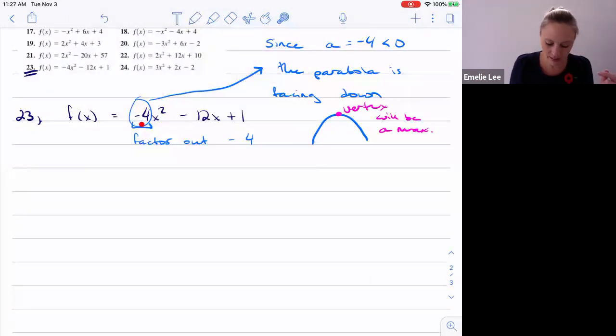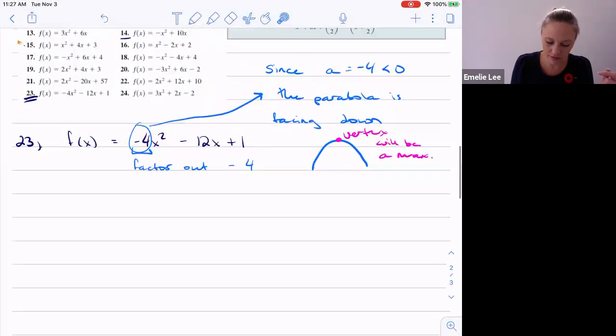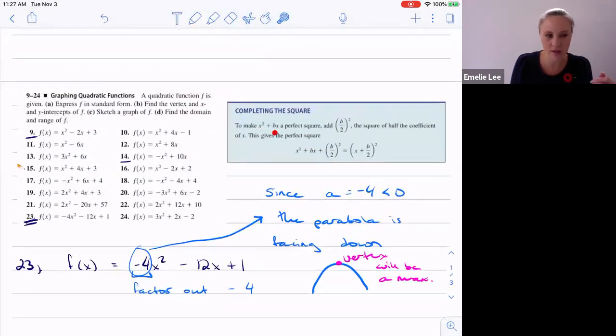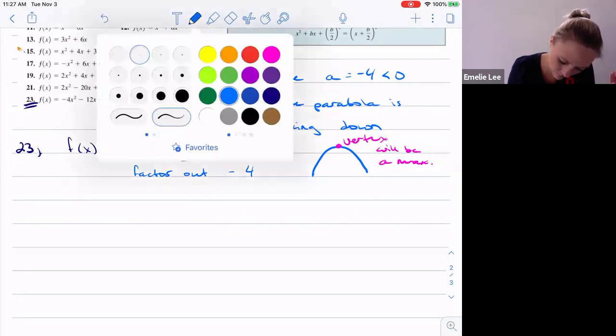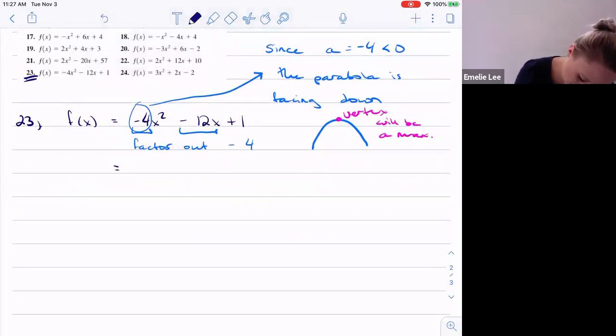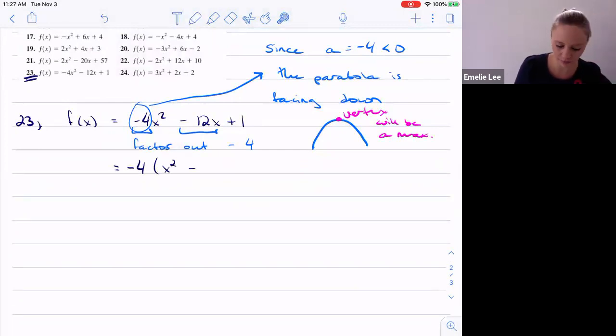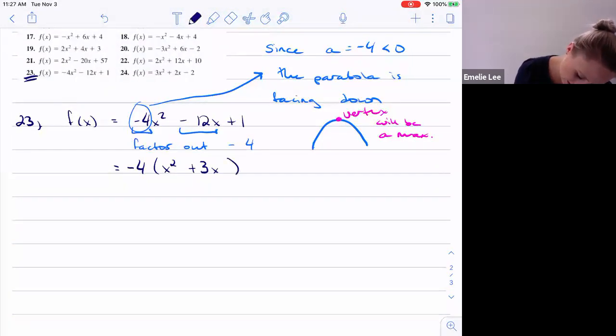Okay, so if we factor out a -4, if we're looking for something in the shape of x squared plus bx, I can factor out a -4 from this term and this term. In fact, that's what I have to do. So I get -4 times x squared, -12 factoring out -4 puts me at plus 3x.